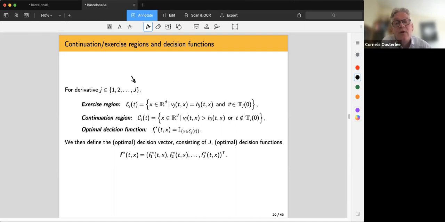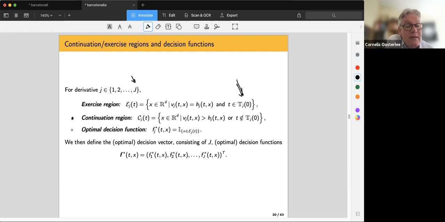T is an early exercise time, right? And we have a continuation region, C_j, X in R^D, where V_j is larger than the payoff, or T is not an early exercise point. There can also be other points for which there's no early exercise possibility, then we have to continue.